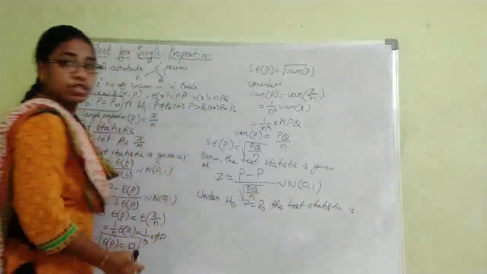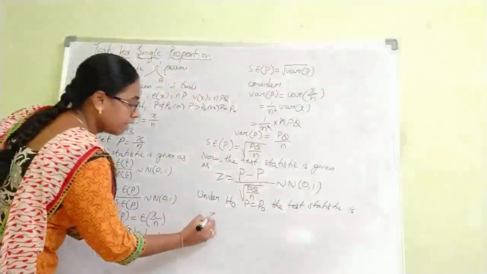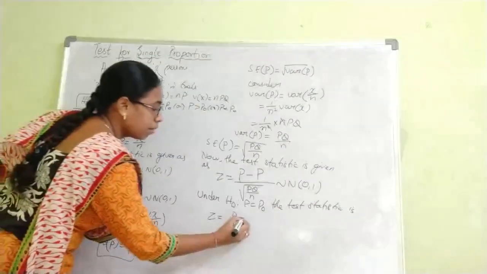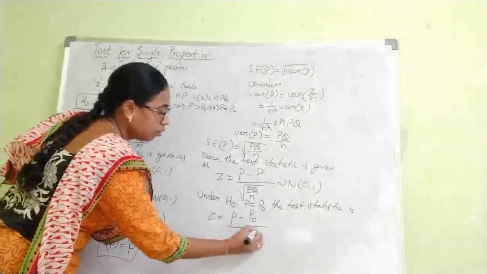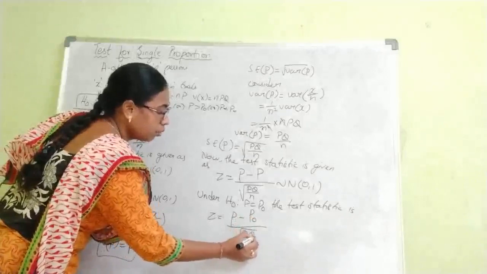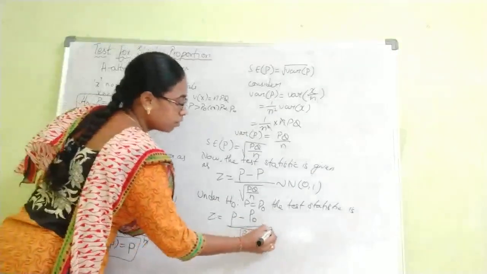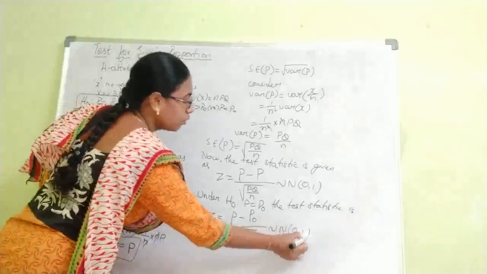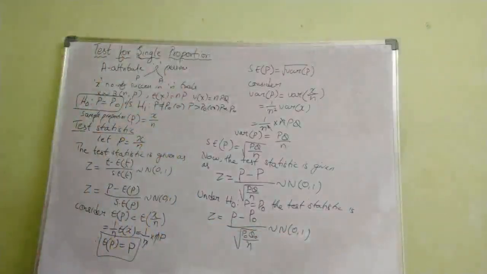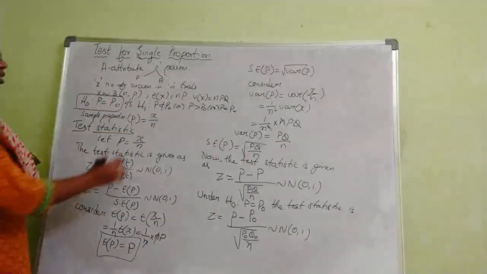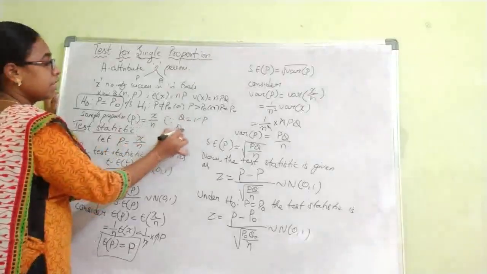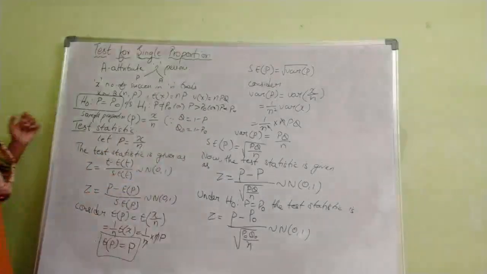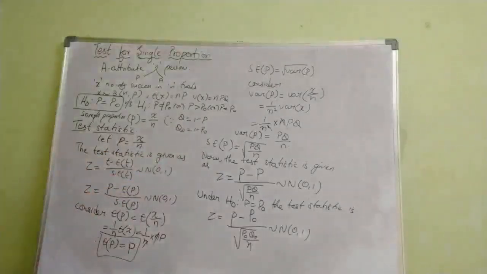So under H0, the test statistic is given as z equals small p minus P0 divided by square root of P0 Q0 by N, which follows the normal distribution with 0, 1. Here Q equals 1 minus P, and similarly Q0 equals 1 minus P0. So here P0 means some specified value of P.